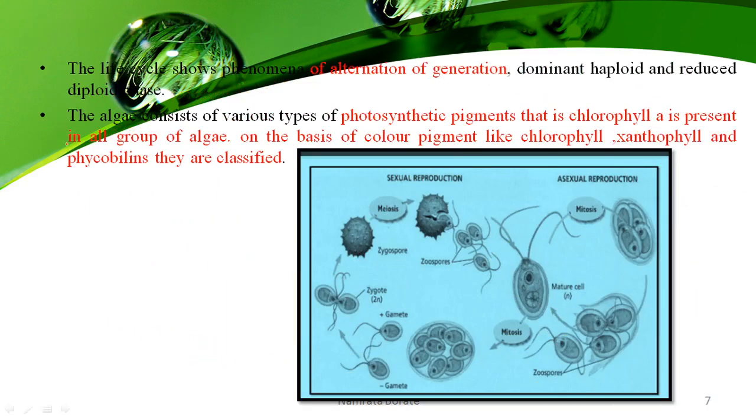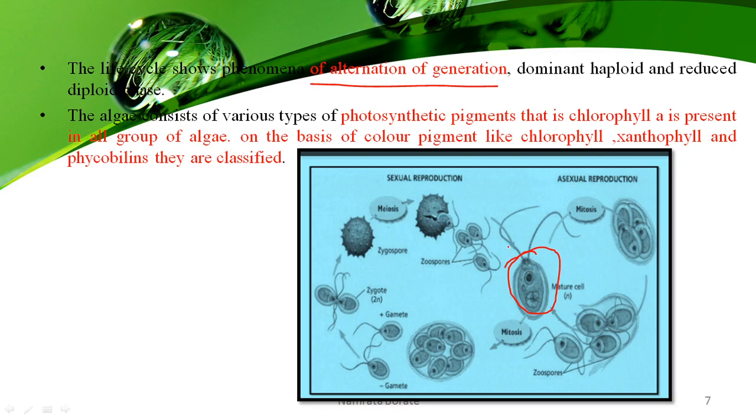The next characteristic is that the life cycle shows the phenomenon of alternation of generation. This means the main plant body is haploid, and it is the dominant form of the organism, that is, a dominant haploid cycle.